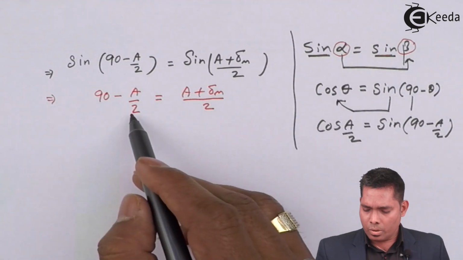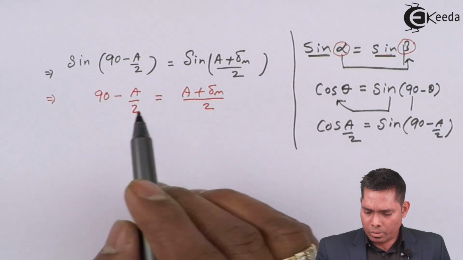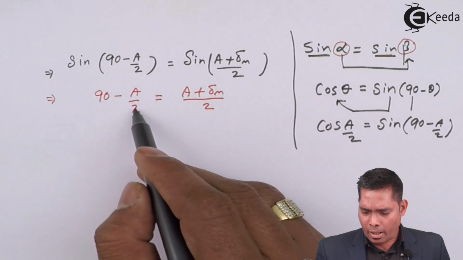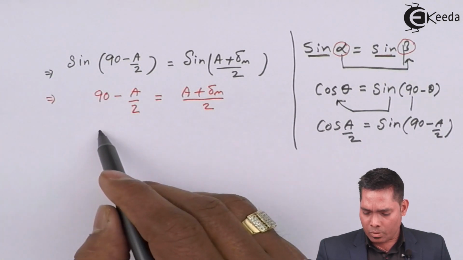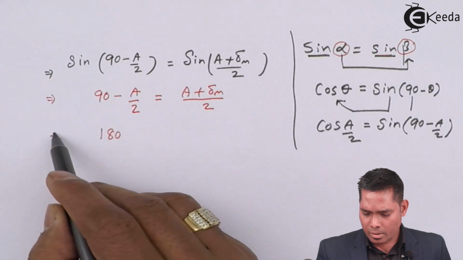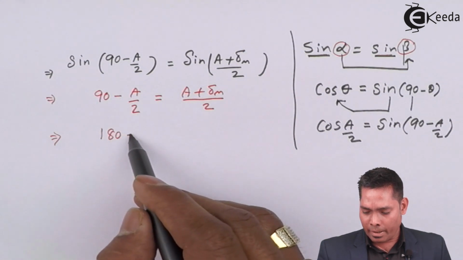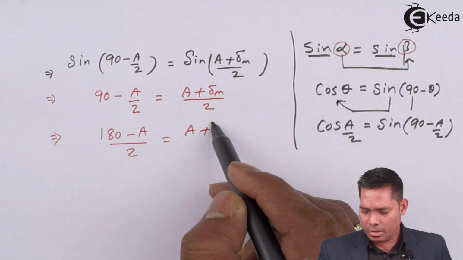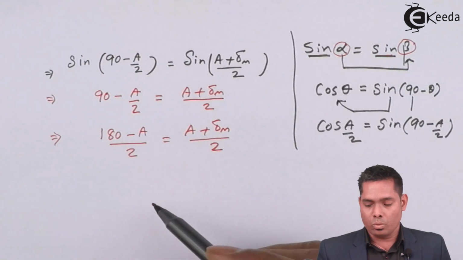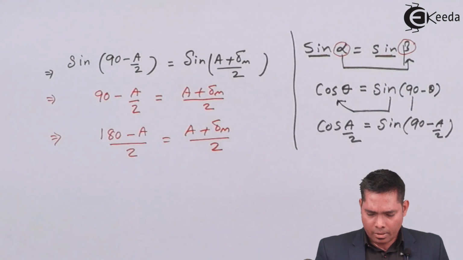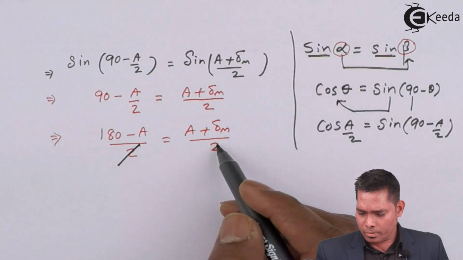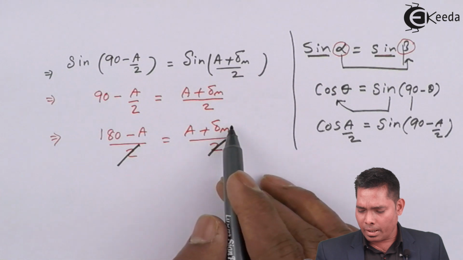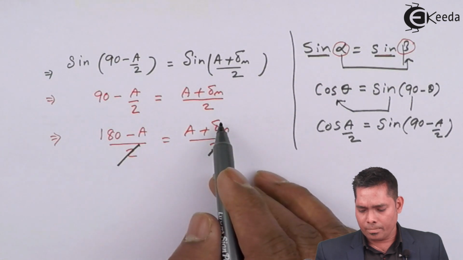Taking the LCM, this is 180 minus A divided by 2 equals A plus delta m divided by 2. From here this 2 will cancel out, and I can find delta m.